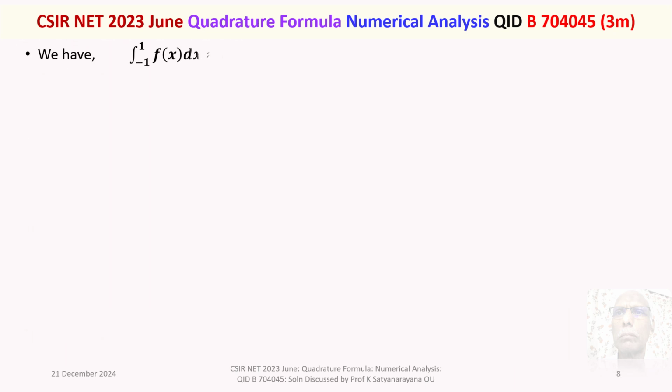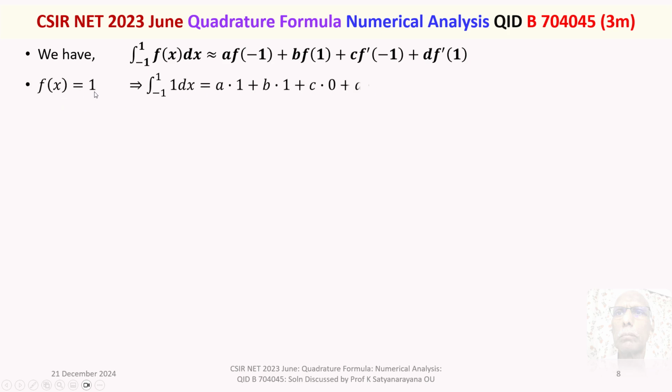Right, that is the quadrature formula. And we have to try out for f of x equal to 1, x, x square, x cube to have the degree of precision 3. Then that will be exact, that is given. So f of x is equal to 1. These steps I have already talked about.